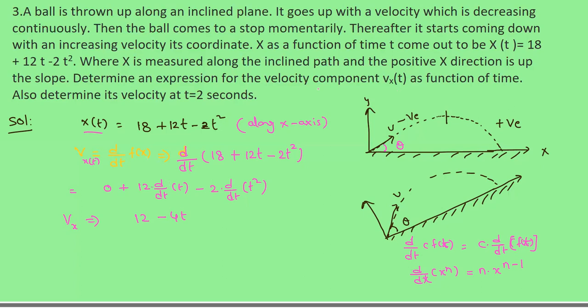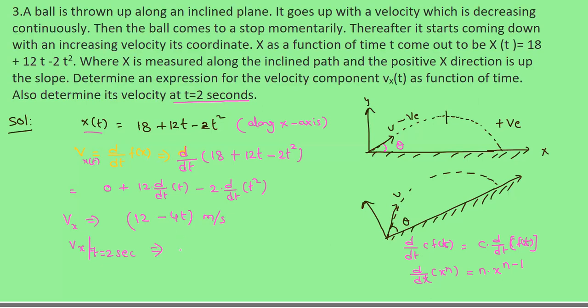But the question asks for the velocity along the x direction at t = 2 seconds. So what you write: velocity along the x direction at t = 2 seconds. It means wherever you have t in this equation, substitute t = 2 seconds.